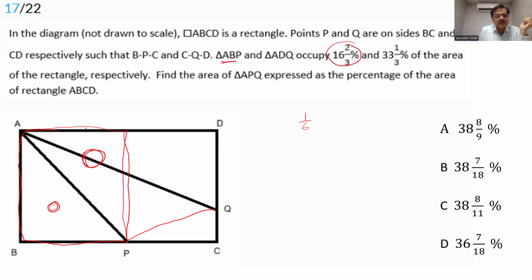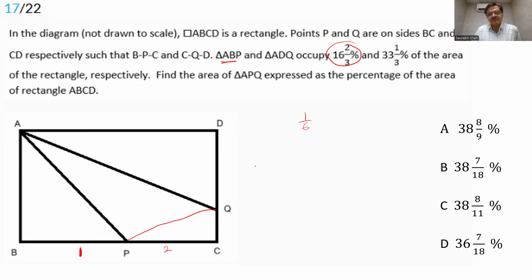This rectangle would have become 1/3. So when a rectangle is 1/3, we can say the base is also in the ratio 1 is to 3. So if this is 1, the total would be 3 and this would be 2. If BP is 1, PC would be 2. The total would be 3.